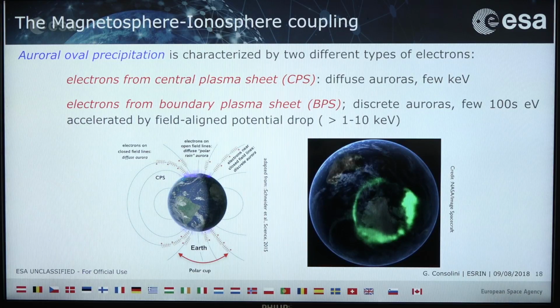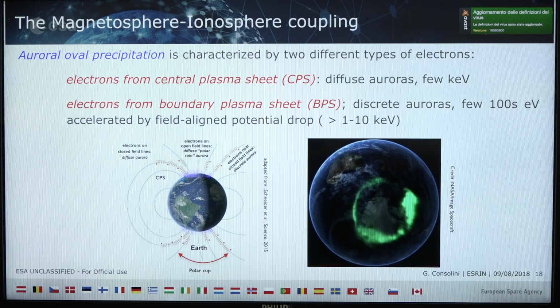The central plasma sheet electrons have an energy of a few kiloelectron-volts, and they produce essentially diffuse auroras. The electrons from the boundary generate discrete auroras, and they have a much smaller energy, about 100, not kiloelectron-volts, sorry, but electron volts.